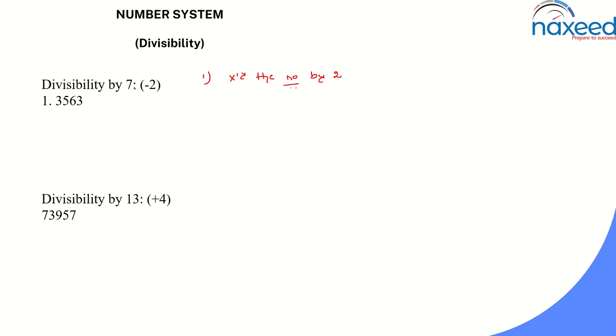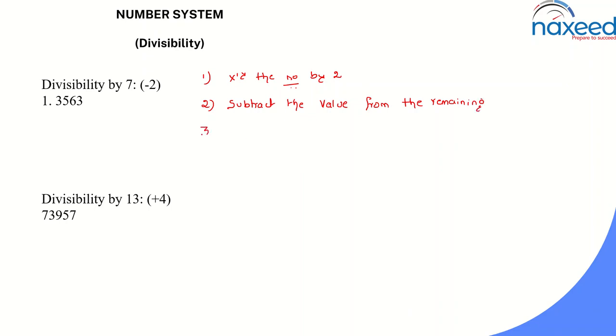This is for 7, my dears, because in the bracket I mentioned it is minus 2. I'll tell you what this minus 2 is. And the second step is to subtract the value from the remaining number.